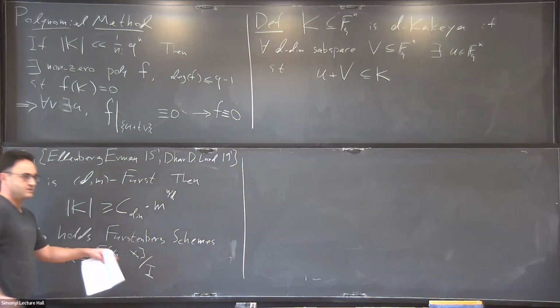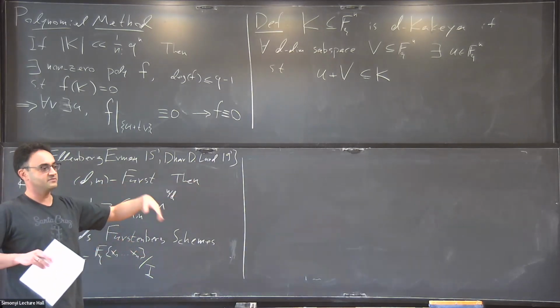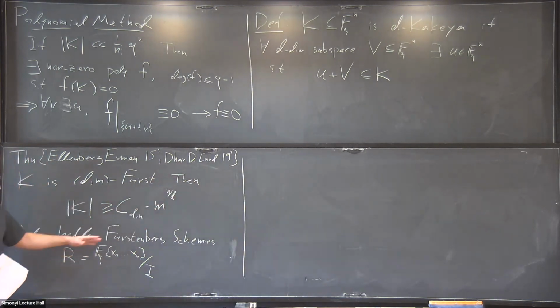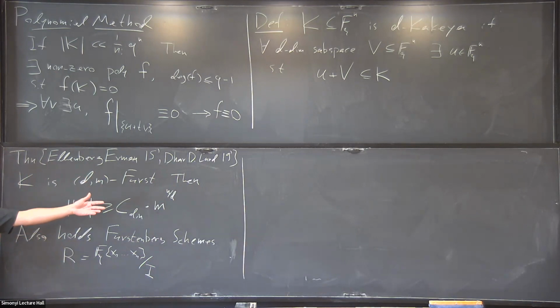Quotient the polynomials by some ideal in a way that's finite dimensional. That's some type of scheme, some zero-dimensional scheme. And you can define this notion of Furstenberg set by taking this scheme modulo the equations of U plus V's, and say for every V there's U such that this modulo those equations also has high dimension.